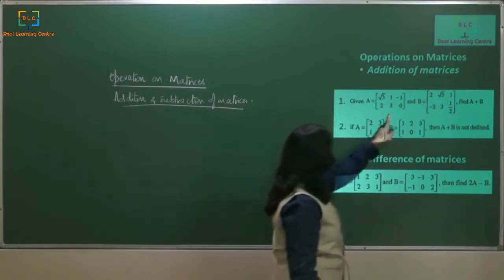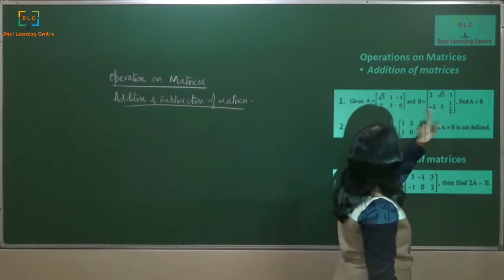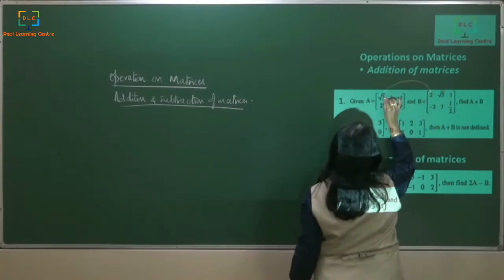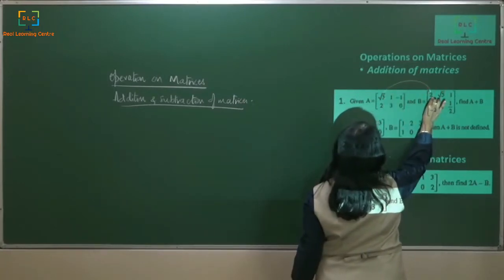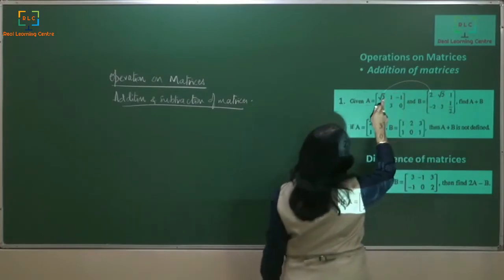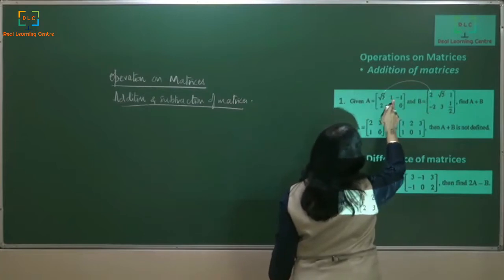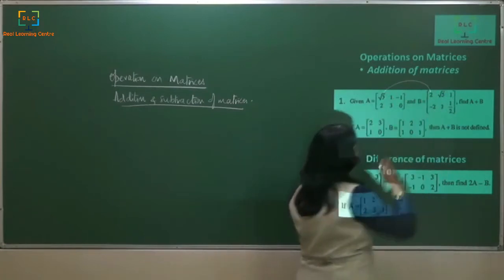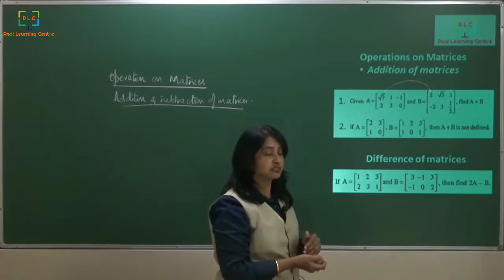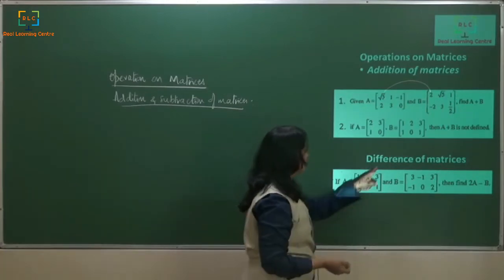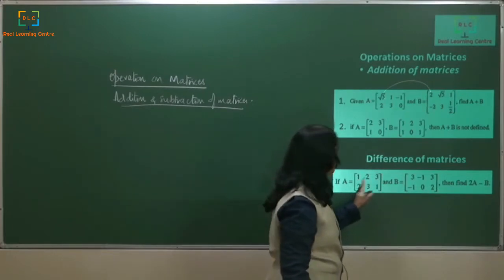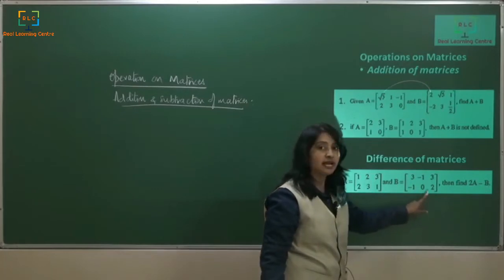Suppose I have been given A matrix and B matrix, you want to add them, then just add the corresponding elements: A11 to B11, and A12 to B12. So A11, B11 you will add, A12, B12 you will add, you will get the 11 and 12 elements of A plus B matrix. Similarly A minus B, if you want the difference of matrices, you are going to subtract the corresponding elements in the two matrices as required.